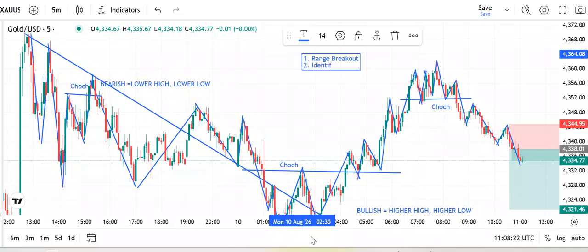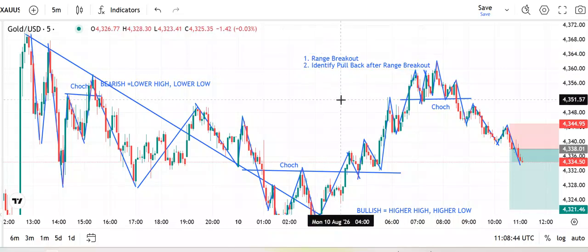Identify pullback after range breakout. Okay, identify pullback after range breakout. That's the second point.